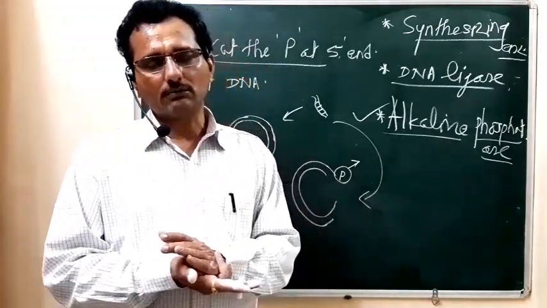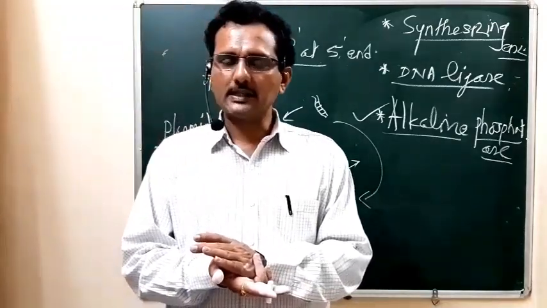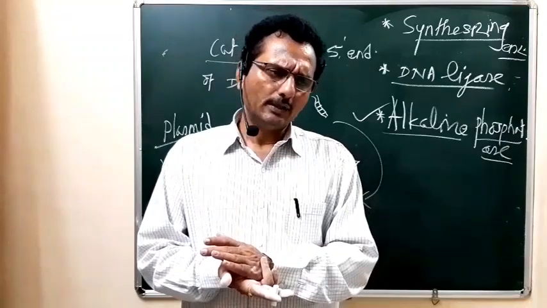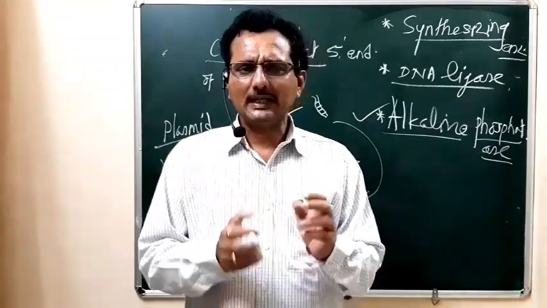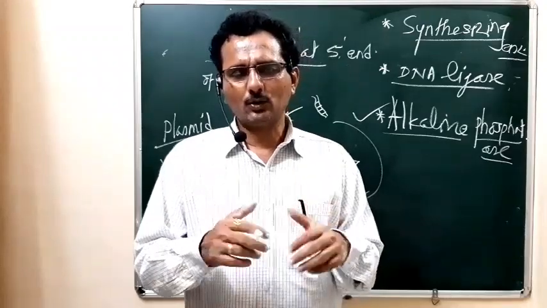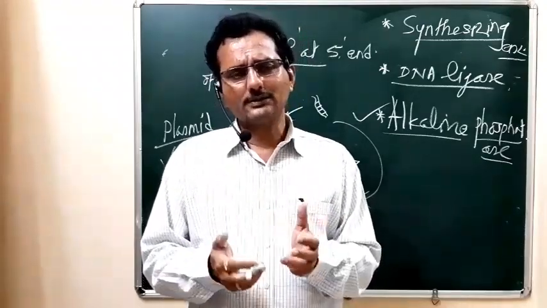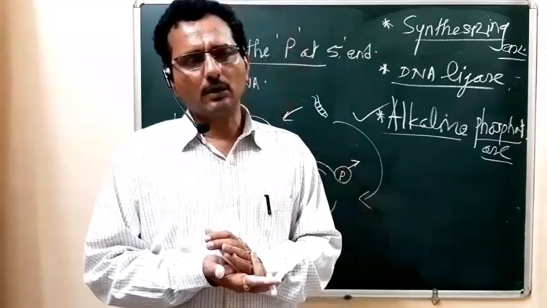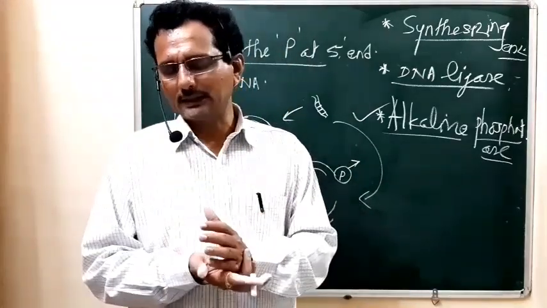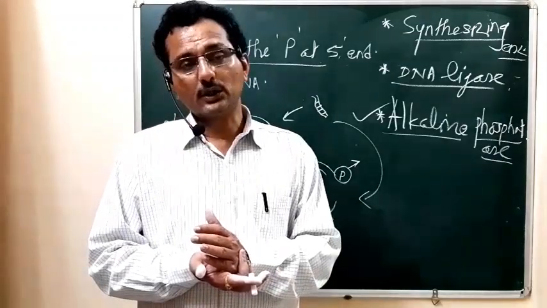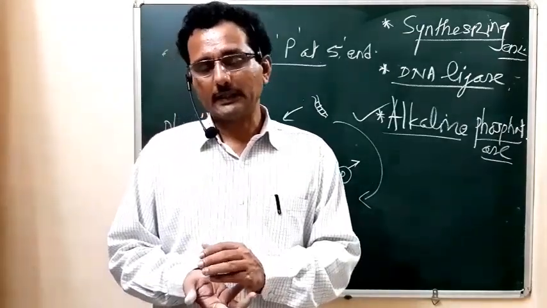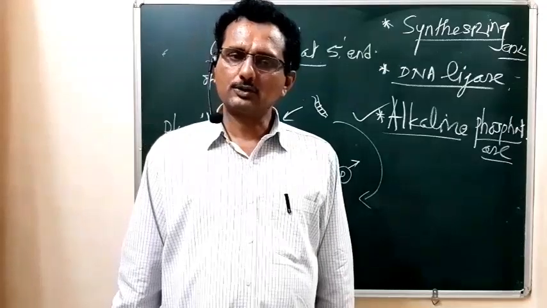Students, I think you understand the role of these enzymes in DNA technology. Even if you do not understand it at this moment, you will understand better at the time of the procedure we are going to study in the next lecture, that is, the steps involved in DNA technology. So students, we will stop at this moment.